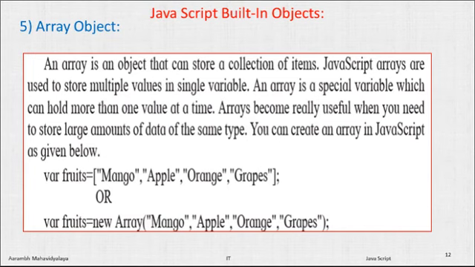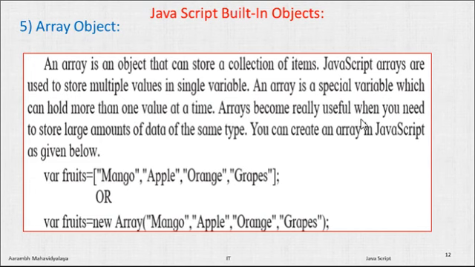And the last object is the array object. An array is an object that can store a collection of items. JavaScript arrays are used to store multiple values in a single variable. An array is a special variable which can hold more than one value at a time.